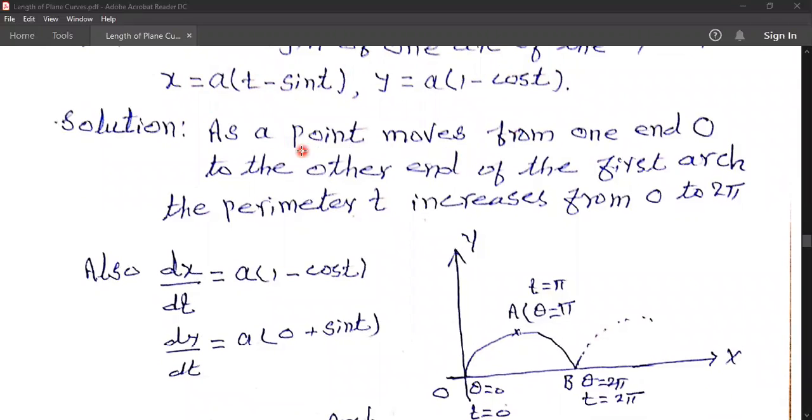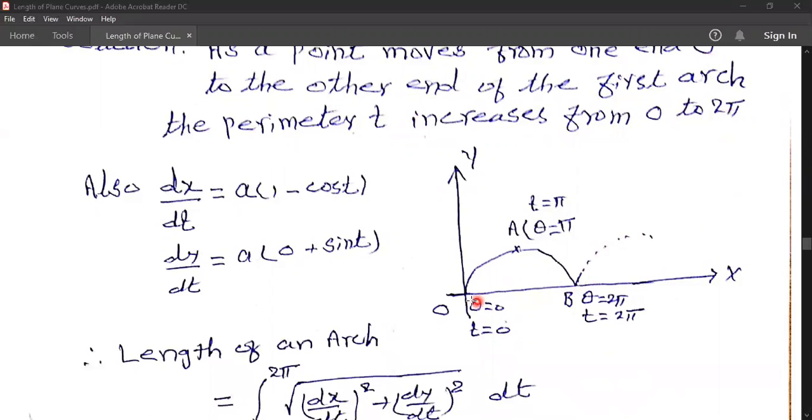Solution: as a point moves from one end O to the other end of the first arc, the parameter t increases from 0 to 2 pi. So this is at t is equal to 0 and this is at t is equal to 2 pi.